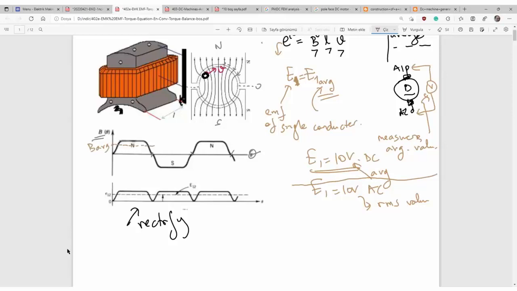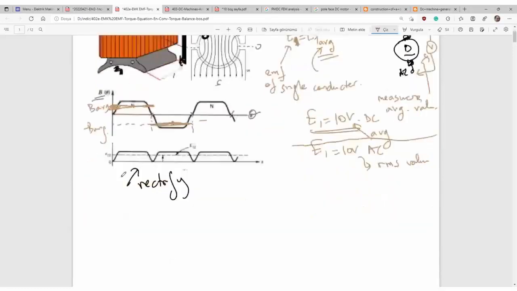It is a constant average value under a pole. I only discuss one pole, because here is the minus B average, but we only evaluate the average value under each pole. The average value under this pole, average value under this pole, minus B average. Okay, what is the B average?